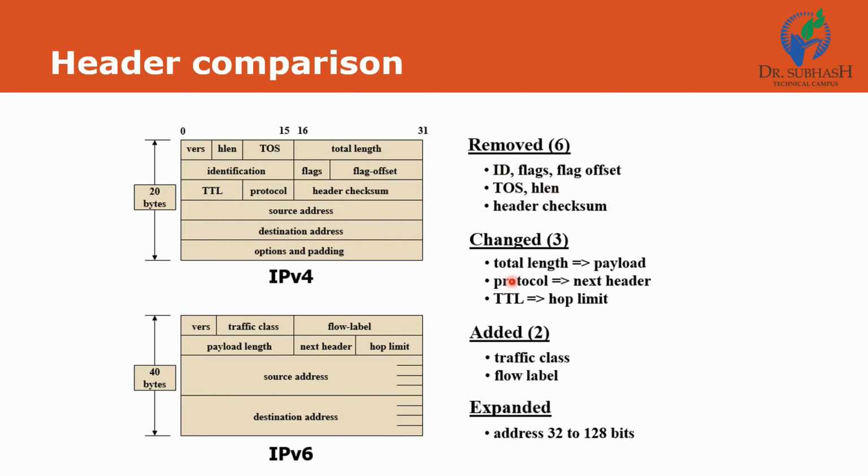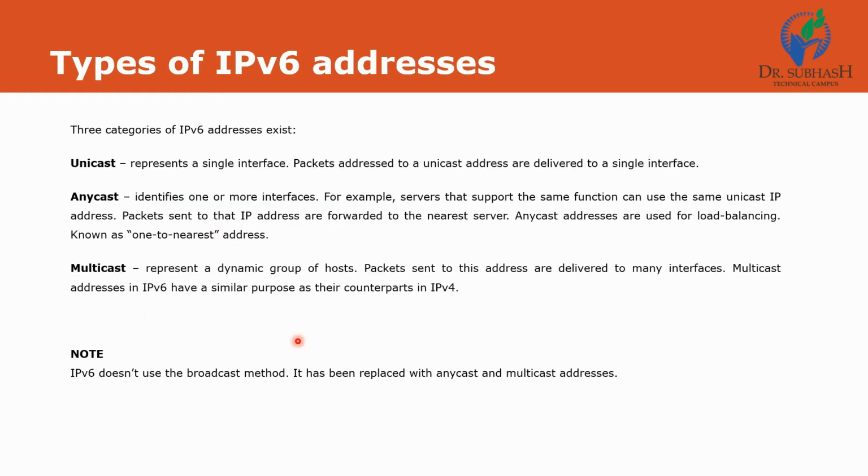There are some changes: total length, protocol and TTL. Traffic class and flow label are two new parameters added in IPv6, and the address is expanded from 32 bits to 128 bits.